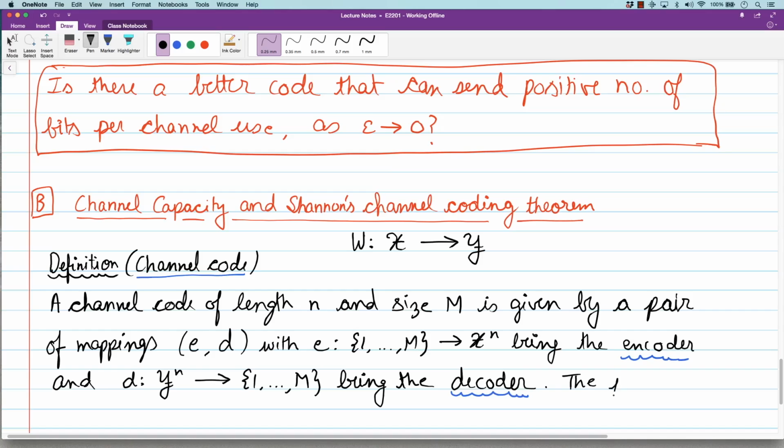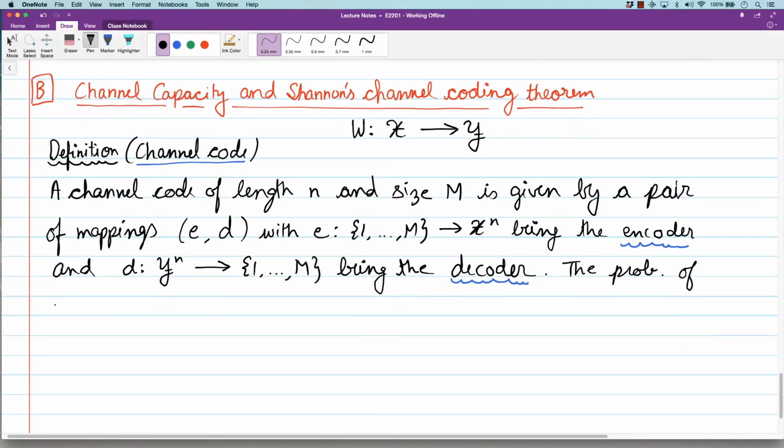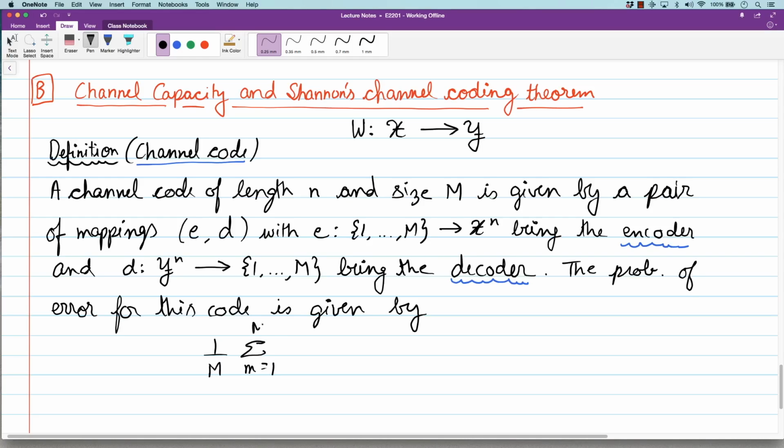The probability of error for this code is given by 1/m summation over m equal to 1 to M. So the average probability of error, the probability that the decoder looks at the channel output Y^n and that is not equal to m, given that m is sent.